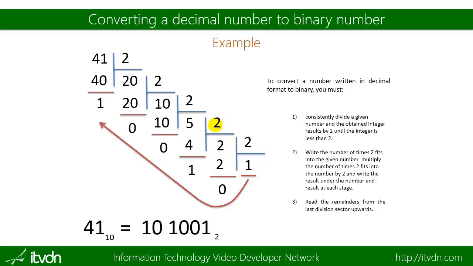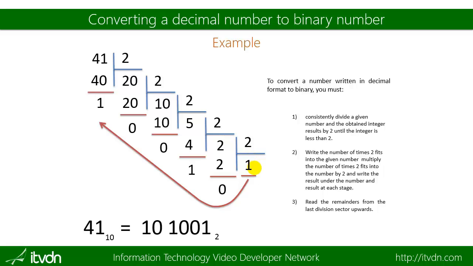How many times can I fit 2 into a 5? Well, I can fit it 2 times. So 2 times 2, I get 4. 5 minus 4 is 1. I write my remainder under the result. Next, how many times can I fit 2 into a 2?